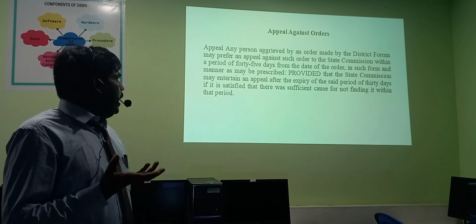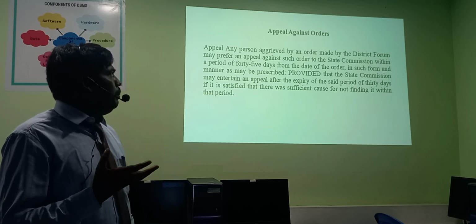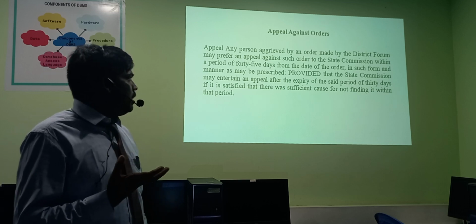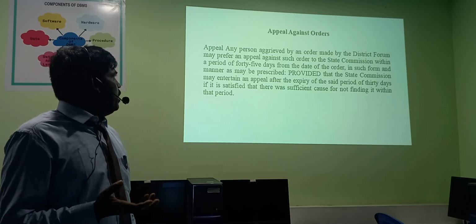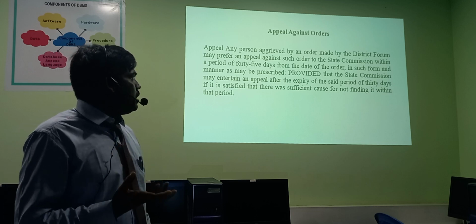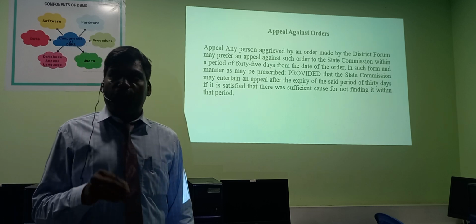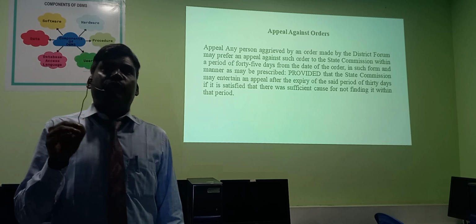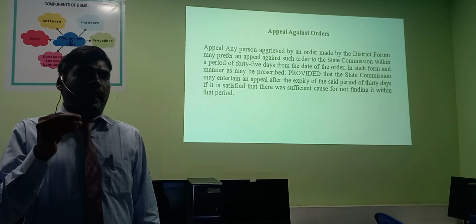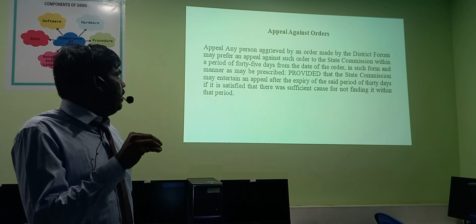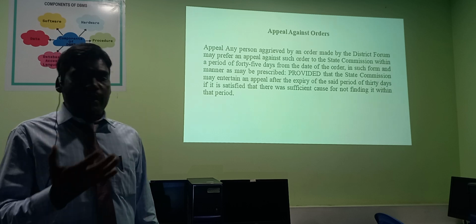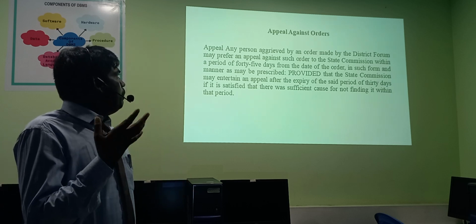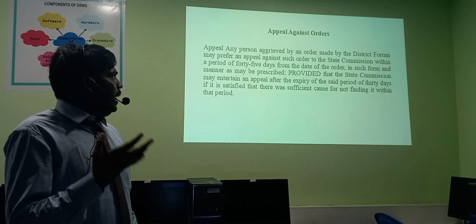Any person aggrieved by an order made by the district forum may prefer an appeal against such order to the state commission within a period of 45 days from the date of the order.